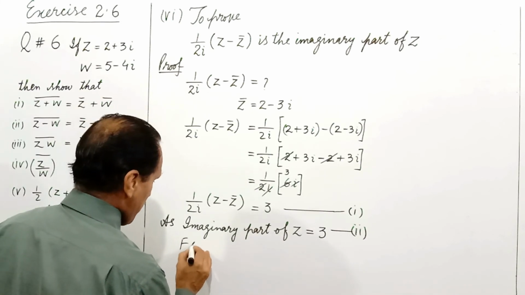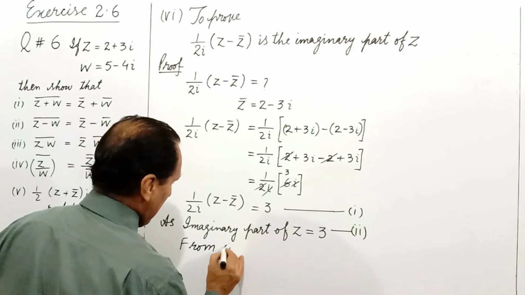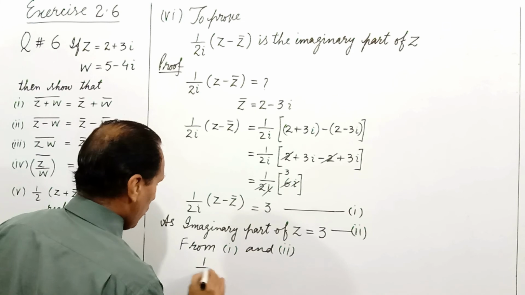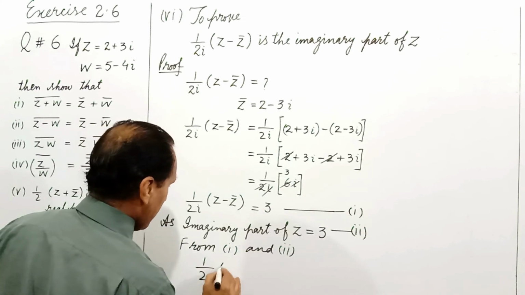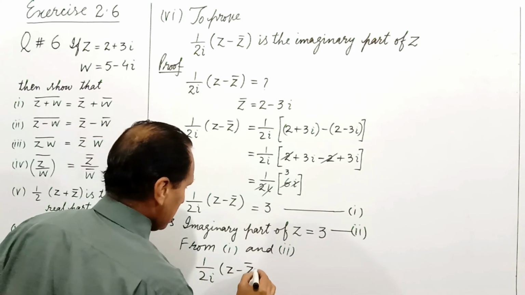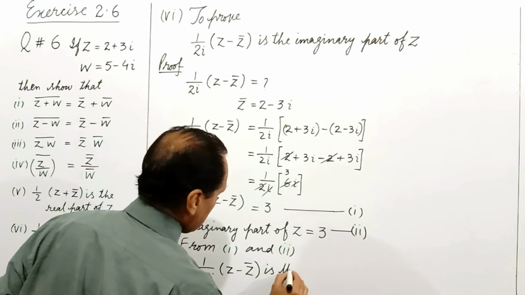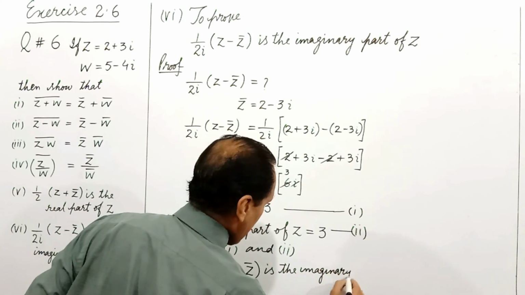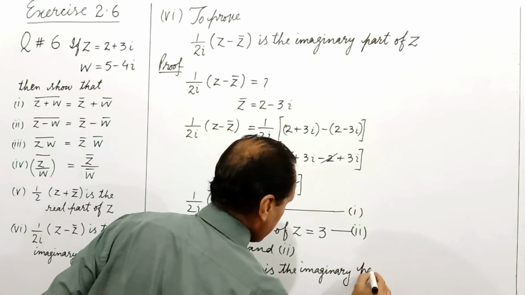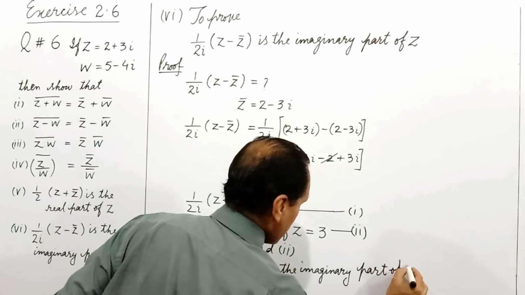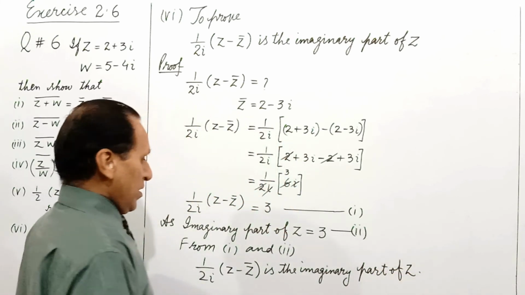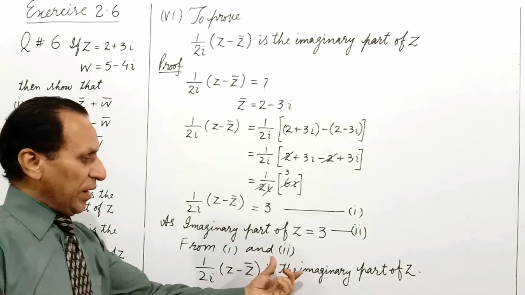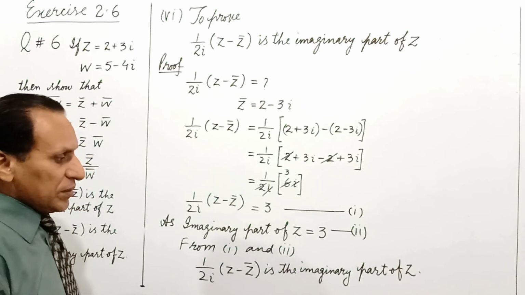So from 1 and 2, what we get? 1 over 2 iota into Z minus Z bar is the imaginary part of Z. Hence, that is proved, 1 over 2 iota into Z minus Z bar is the imaginary part of the given complex number Z.